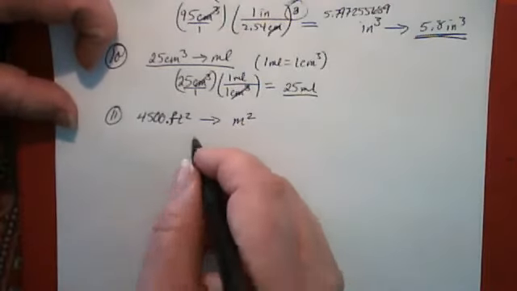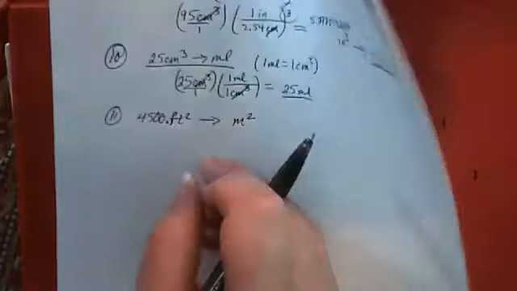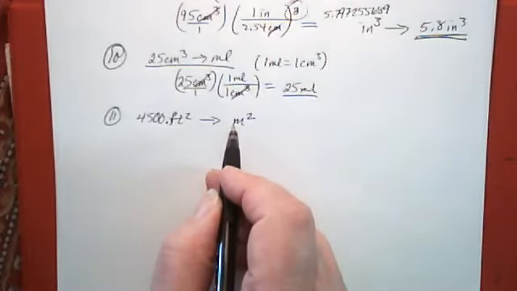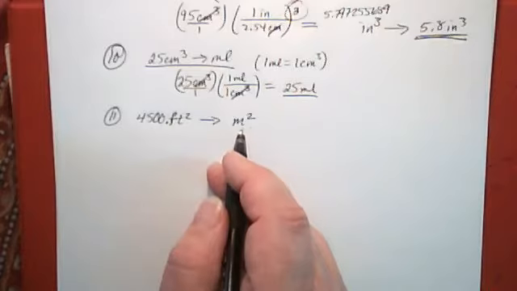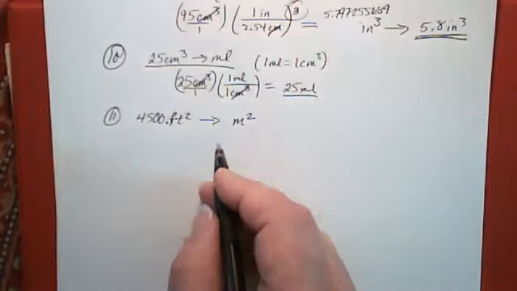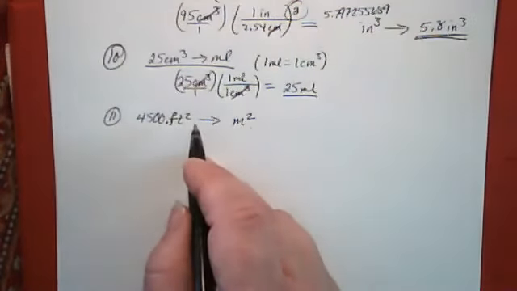First of all, we need to find a relationship between square feet and square meters directly, if we can. Let's see here. On the conversion factor sheet, we've got length, mass, volume, energy, speed, force, and pressure. No, nothing for area. Length units to the second power are units of area.